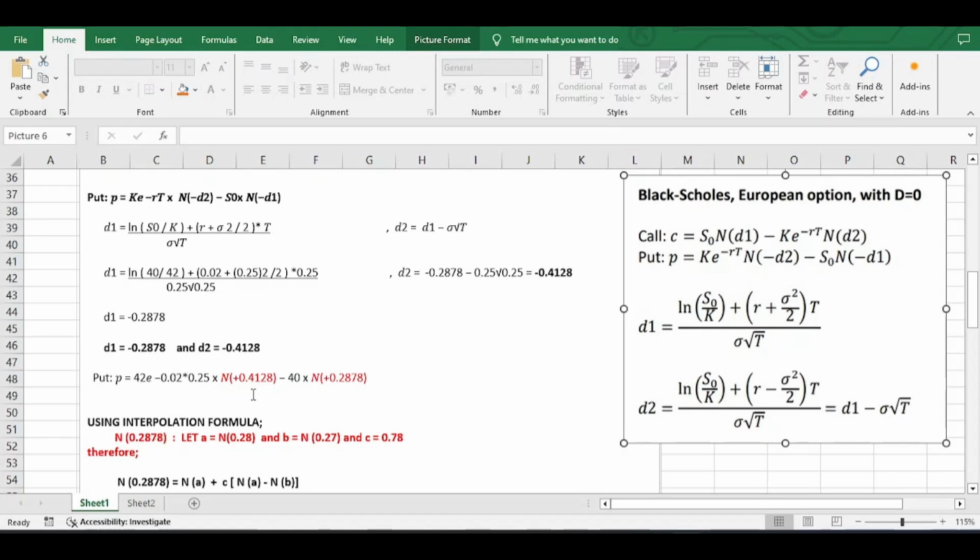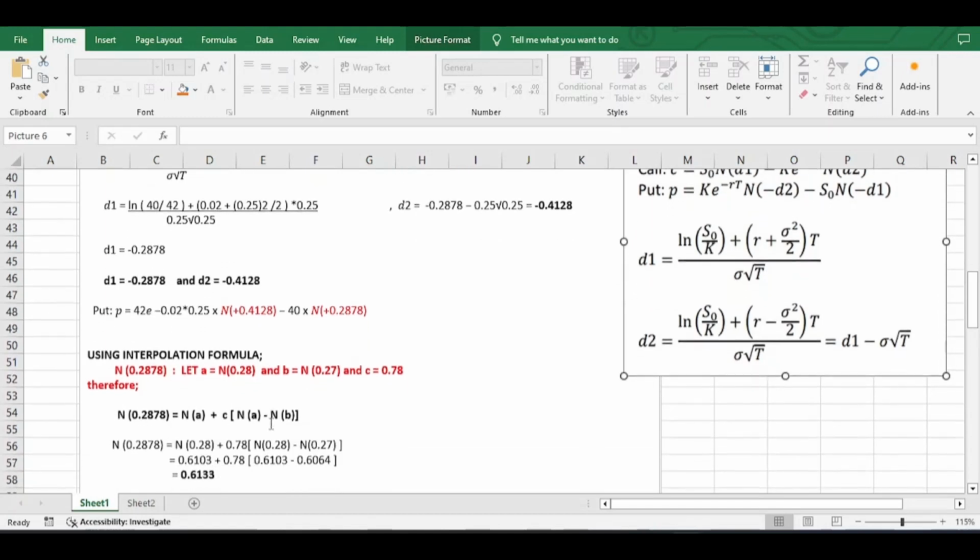If we had these values up to just 2 decimal places, we could straight away find the probabilities using the probability table. Since these values have more than 2 decimal places, we have to use the interpolation formula. Now have a look at how we can apply the interpolation formula.